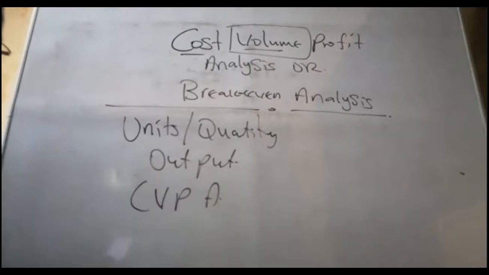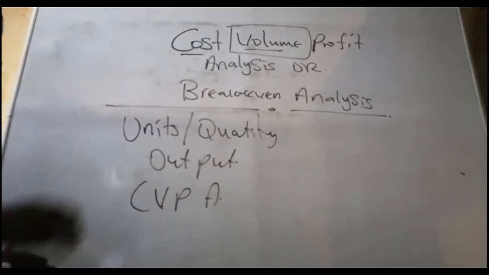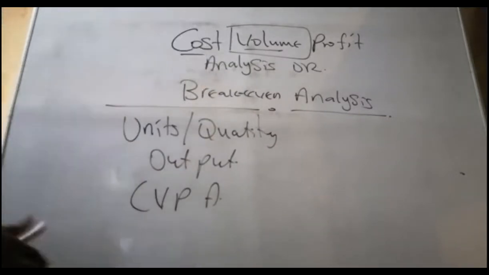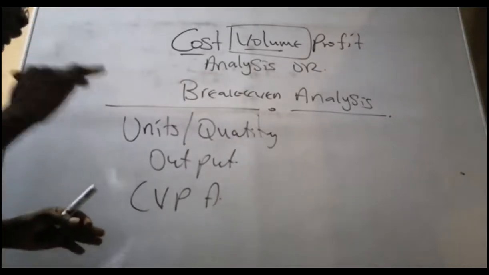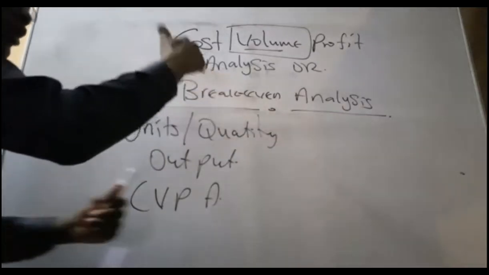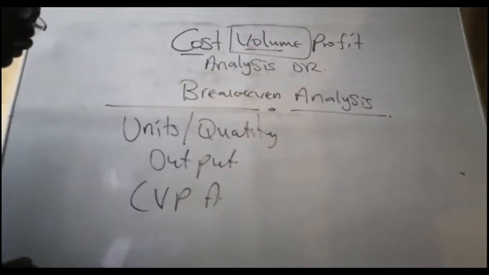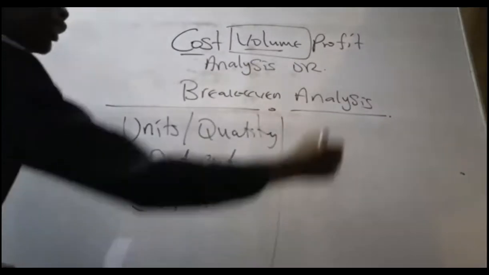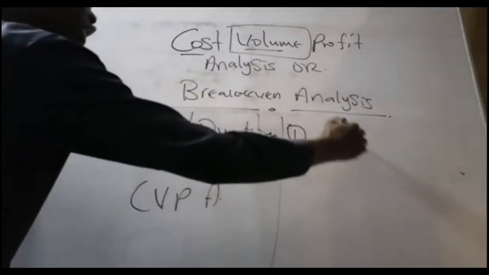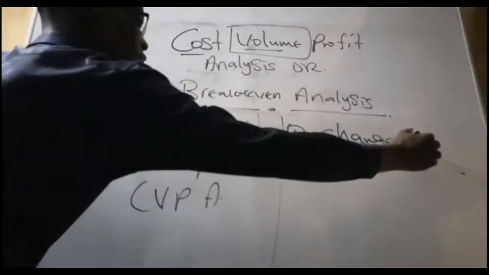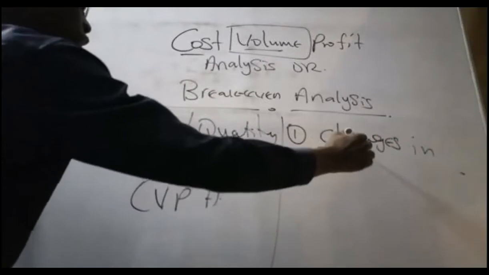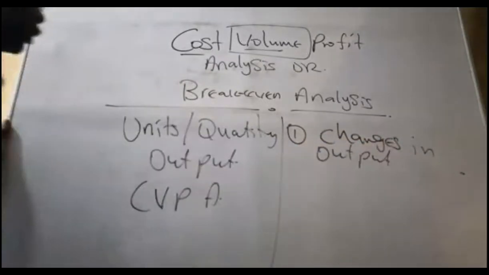CVP analysis simply means analyzing the effect of changes in the output on costs, revenue, and profit. So let me take it again. CVP analysis simply means we are analyzing the changes. Number one, we are analyzing the changes in outputs.